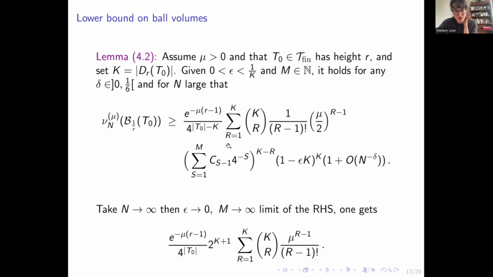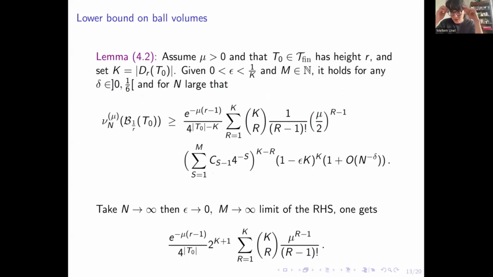So this is a rather complicated expression, but it's actually not so hard to decode. I will try to get your attention to the following point. If we look at this expression, then what we see is we have a tree T0 in this lemma that has exactly k vertices at height r, at its maximal height.